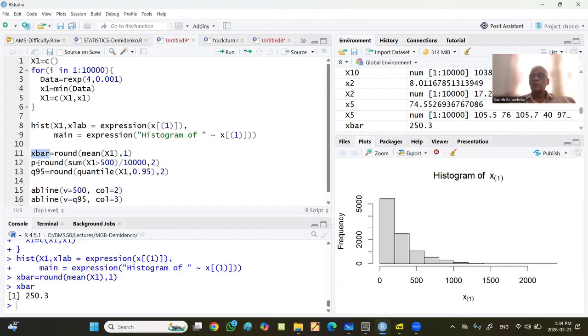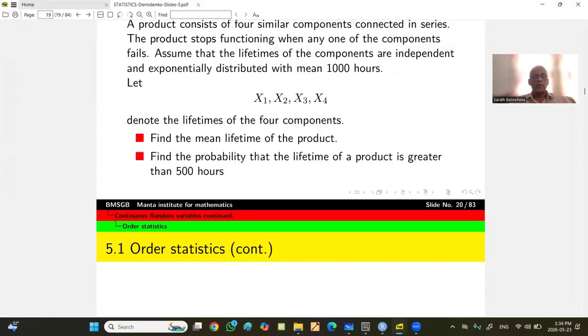This P will be an estimate for the actual probability that we want, right? Here I want the probability that the lifetime of a product is greater than 500. If you really want the actual probability, you have to get the theoretical distribution of X1 and then find the probability that X1 is greater than 500.